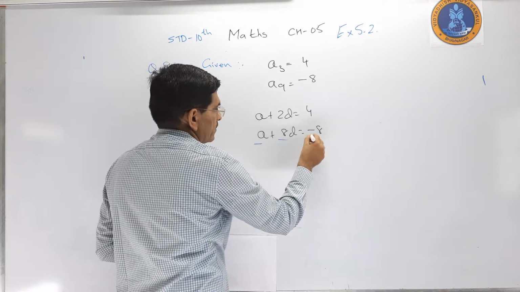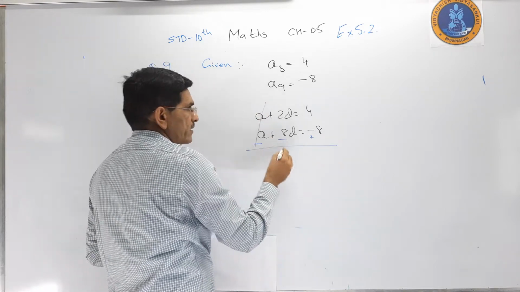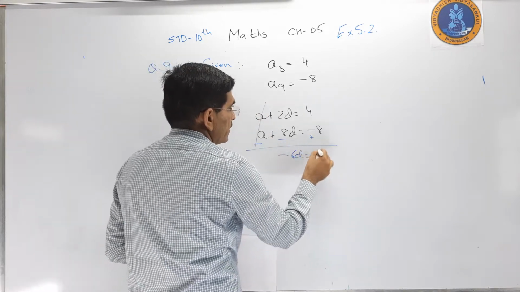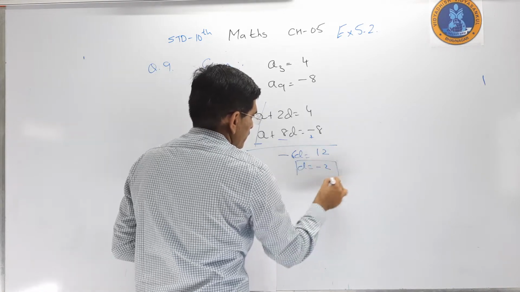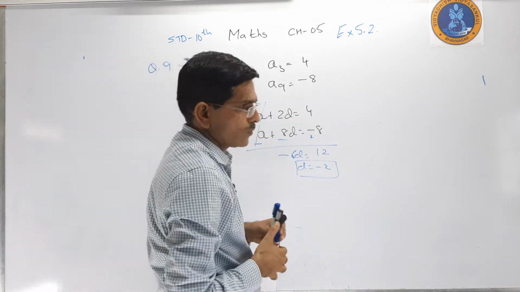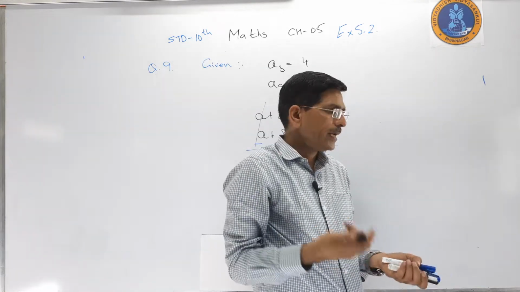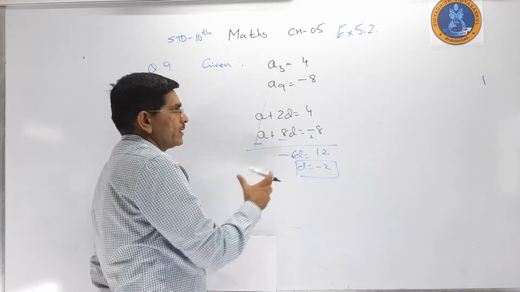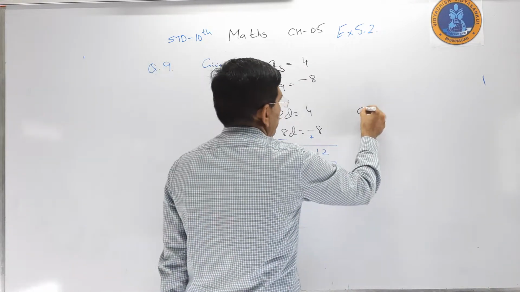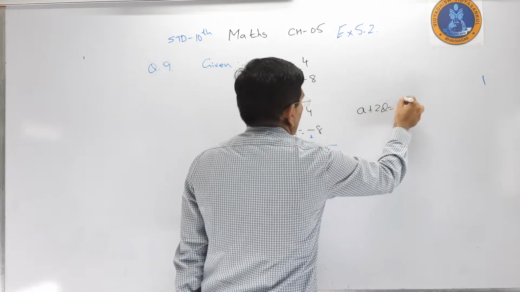Subtracting, minus, minus, plus, here A cancels. Minus 6D is equal to 12. So D is equal to minus 2. And if I want to find A, then A plus 2D is equal to 4.